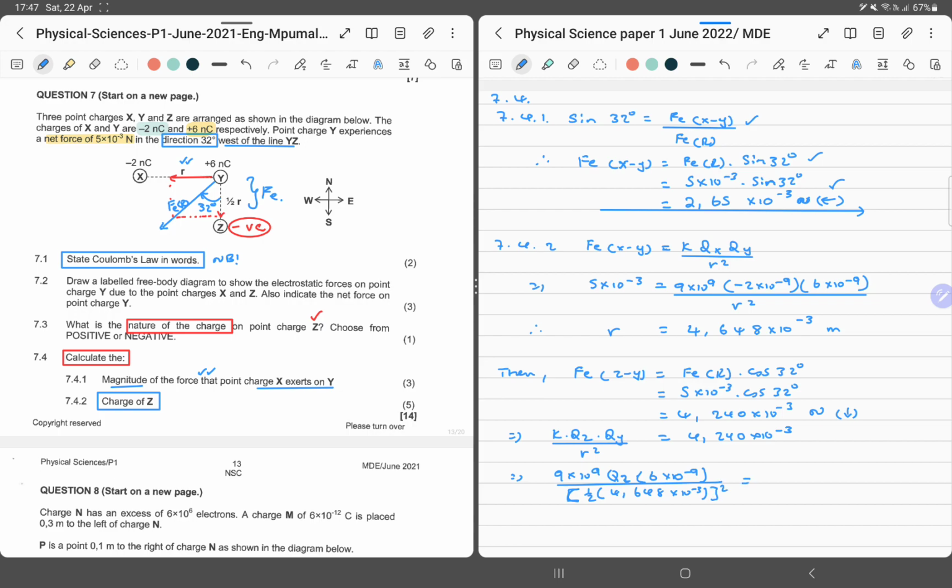And then that is squared, is equal to 4,240 times 10 to the minus 3.